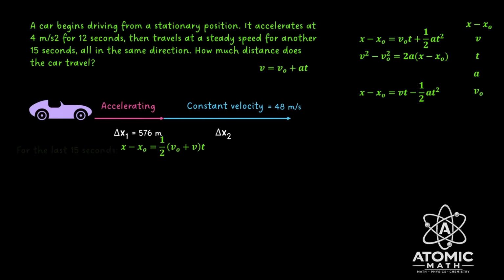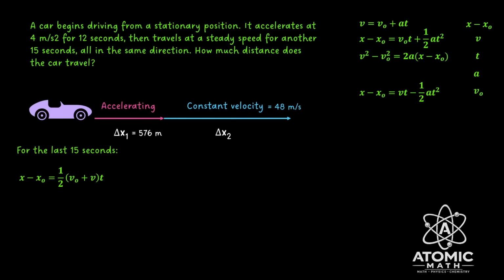Okay, so now we can look at that last 15 seconds. We want to figure out what our second distance is. And we're going to use this equation here because in this particular section, there's no acceleration happening, so I'm going to use the equation that doesn't need acceleration. Our distance can be represented as 1/2 times the initial velocity plus the final velocity times time.